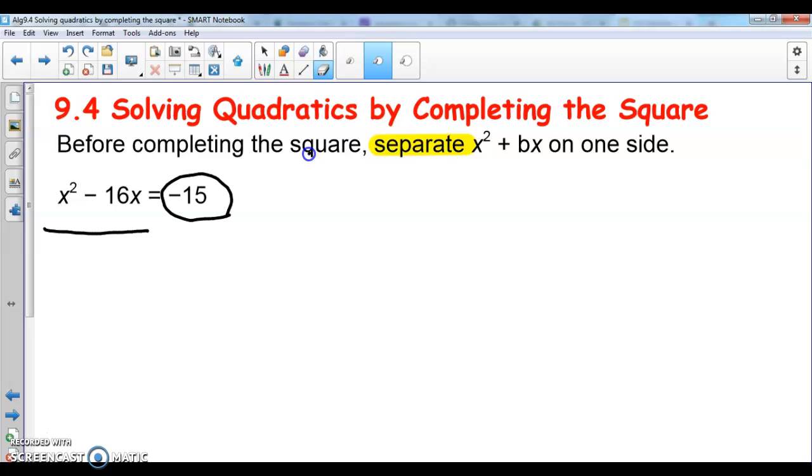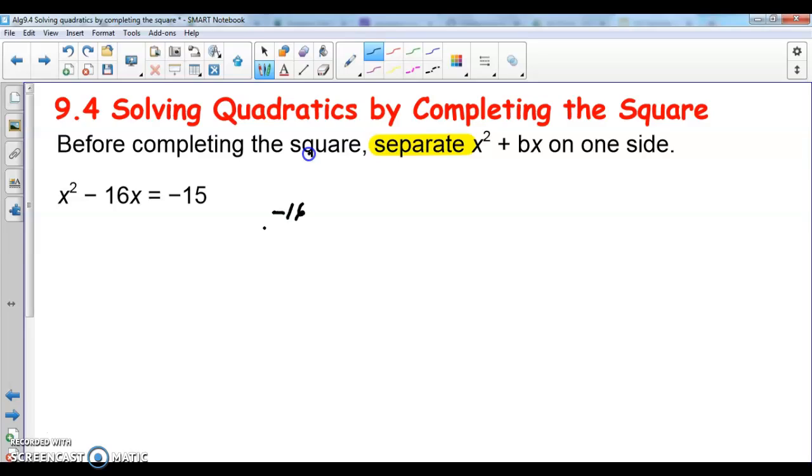Now once you have that set up ready, we're going to do our half step earlier. So we said that the half number for negative 16 or 16 is negative 8.